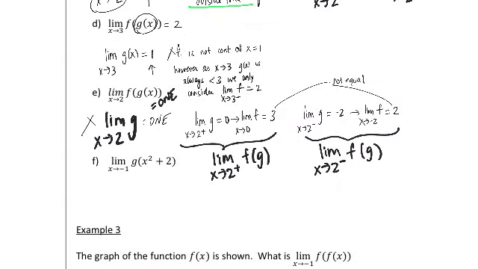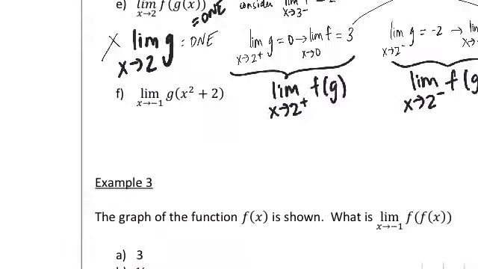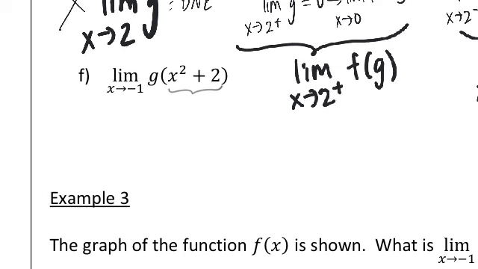Okay, let's do one more problem here, where this one is a little bit different looking. It's a composite function, but it's not the g and the f in the picture. It's an equation here and the g out here, right? So this equation is a function, x squared plus 2, and this is the inside function. So x squared plus 2 is a parabola that's continuous everywhere.